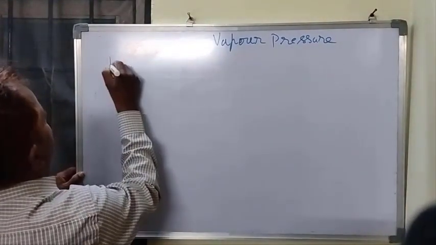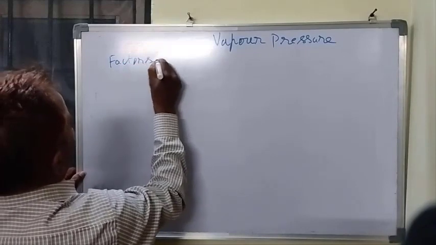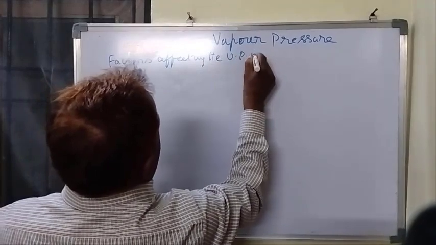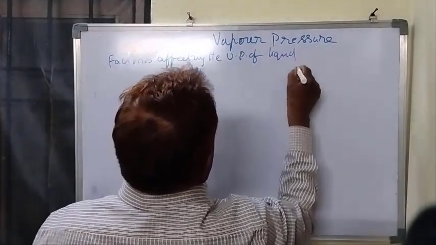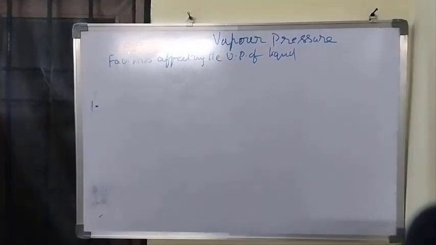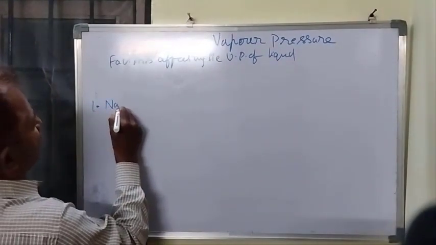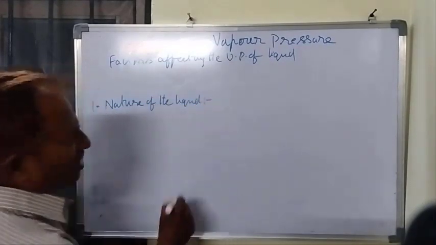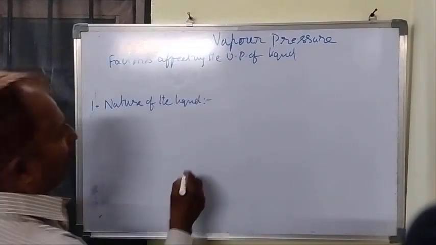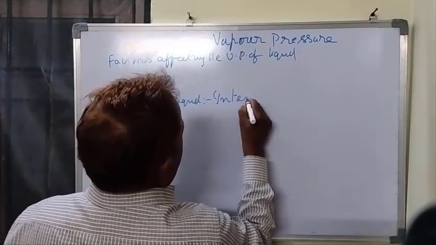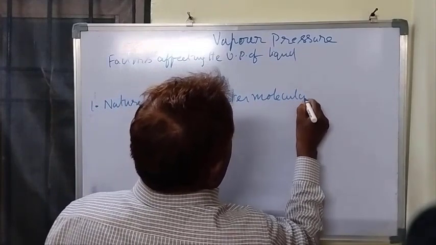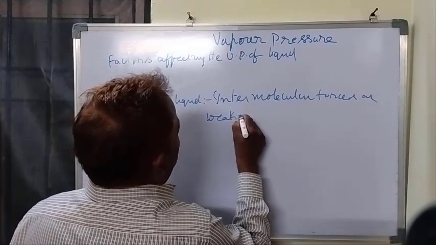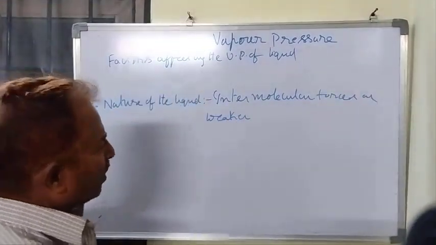Now let us see the factors affecting the vapor pressure of liquid. Number one, vapor pressure of the liquid depends on the nature of the liquid. Nature of the liquid means if the intermolecular forces are weaker, then the vaporization process becomes more.